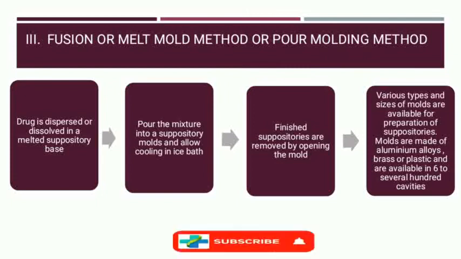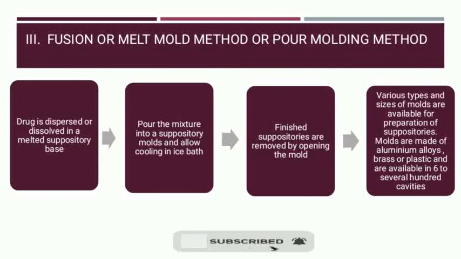Molds are generally made of aluminum alloys, brass, or even plastic, and are available in 6 to several hundred cavities. So this is how suppositories are prepared by the fusion or melt mold method.